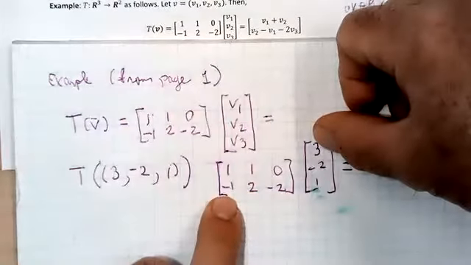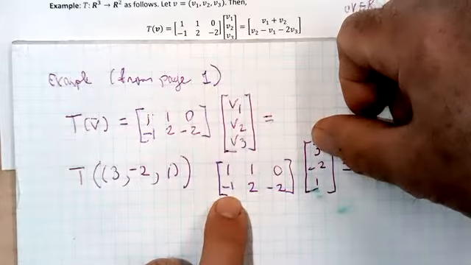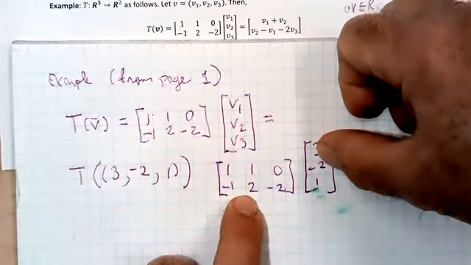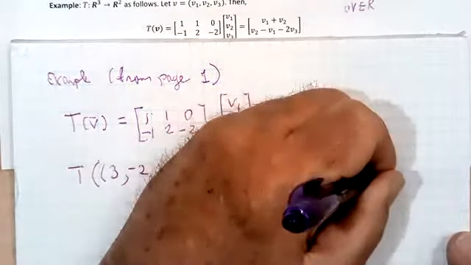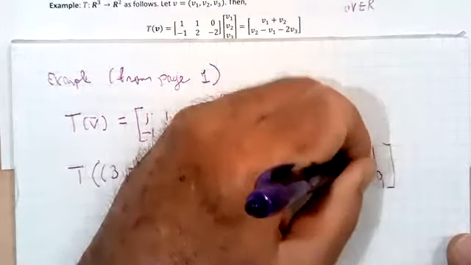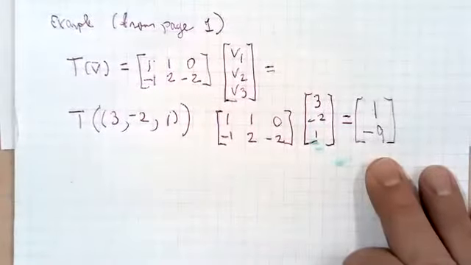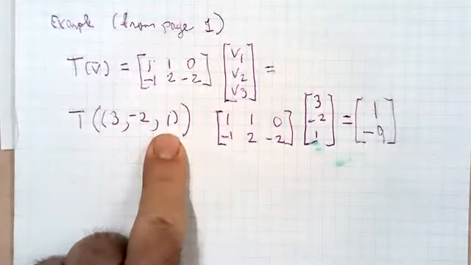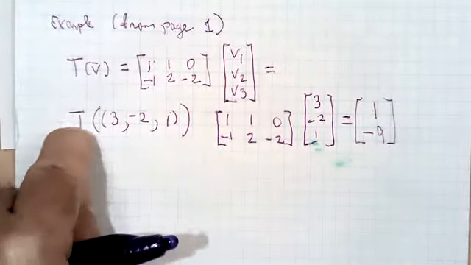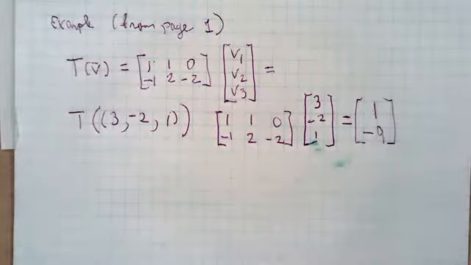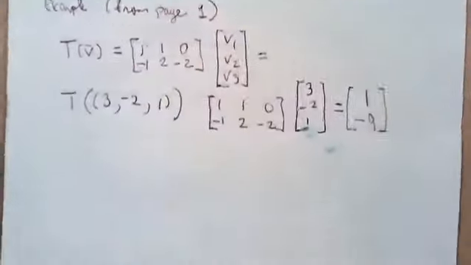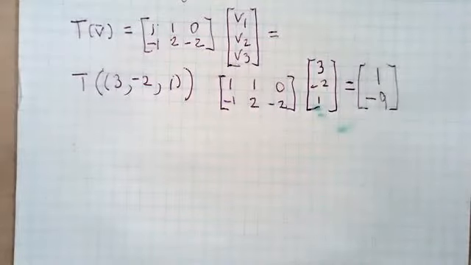And here I'll have 3, minus 3, minus 4 is minus 7, minus 2 is minus 9. And if I did the arithmetic correctly, then you could say that this vector 1, minus 9 is the image of 3, minus 2, 1 under the transformation T. Okay, so that's not supposed to be deep, but just to make clear what we're talking about. These are the kinds of functions that we're working on.